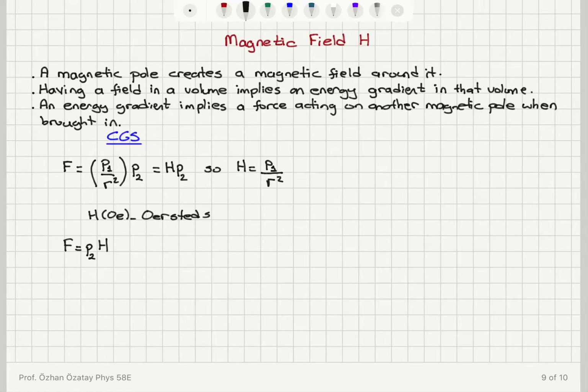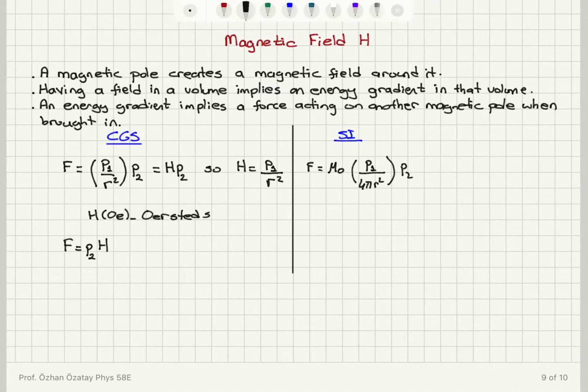Now if I look at the SI point of view, the force between two poles was given by mu0 divided by 4 pi, so I will have the mu0 separated here, and P1 divided by 4 pi R squared I will put into a parenthesis, multiplied by P2.